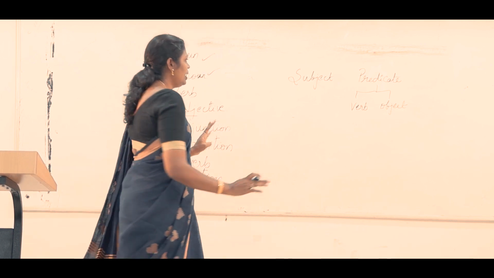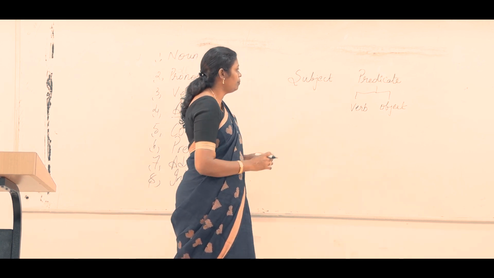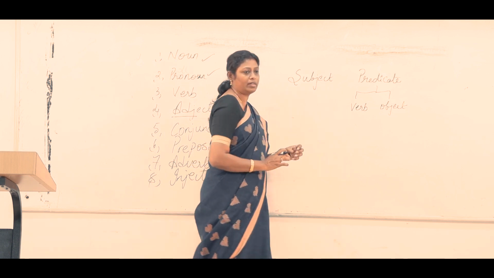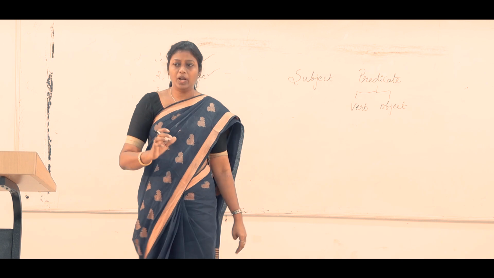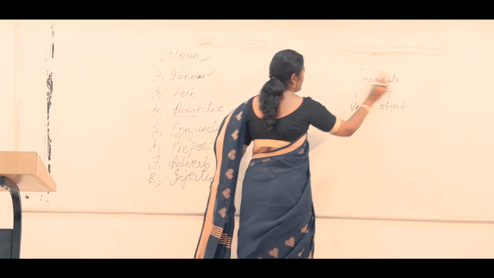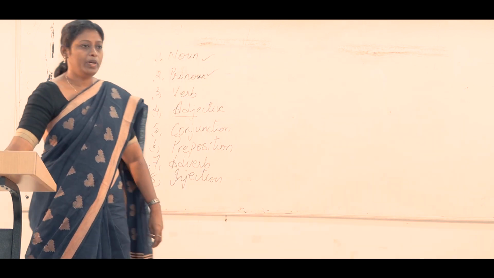Understood? Now let's go into the main part of today, guys, the main subject. We are going to see about the verb. I have said that a verb is an action word. Yes, a verb is an action word.